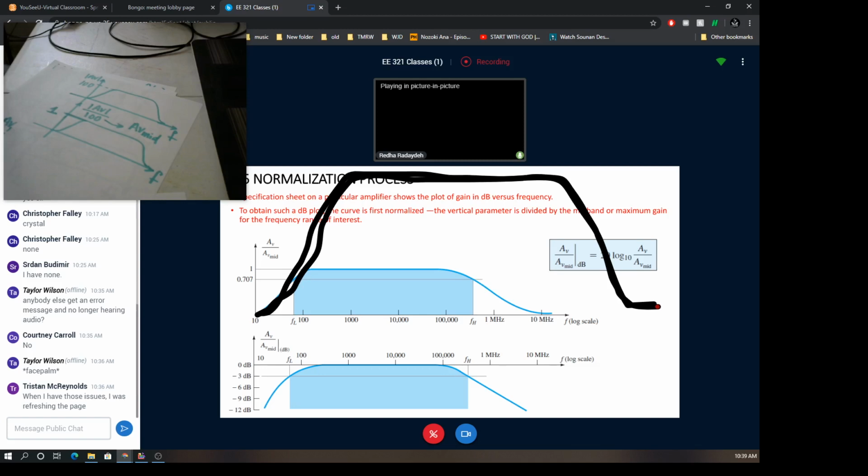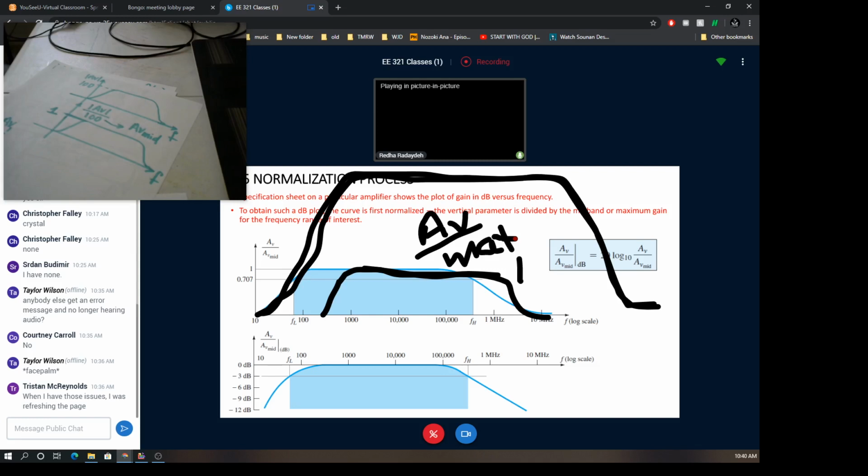and say that the maximum here is unity, and that is the voltage gain AV divided by the maximum value, by the max, okay, in magnitude.